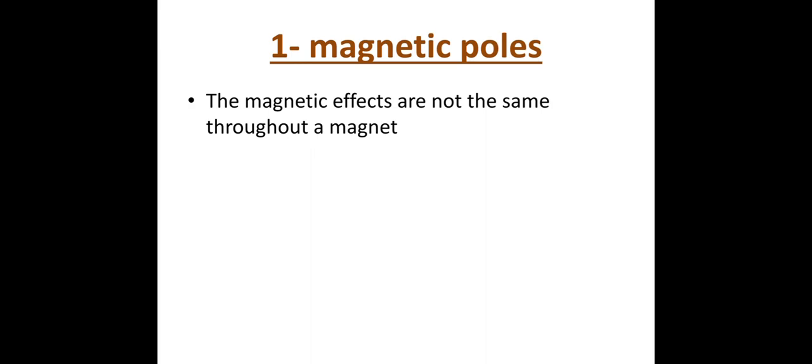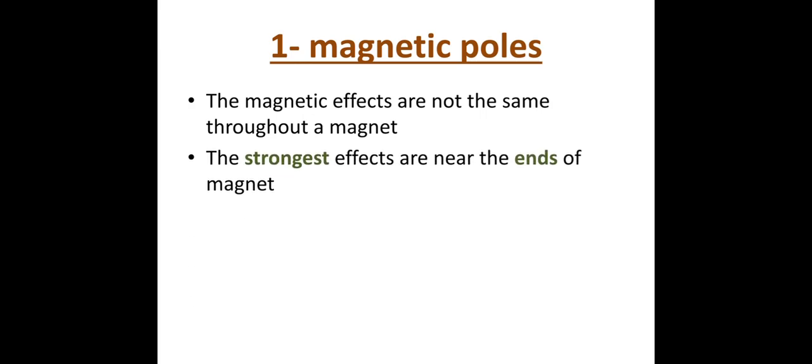At the middle there is less iron picked up. So the magnetic effects aren't the same throughout a magnet. The strongest effects are near the ends of a magnet.